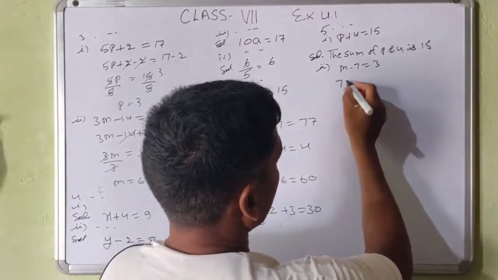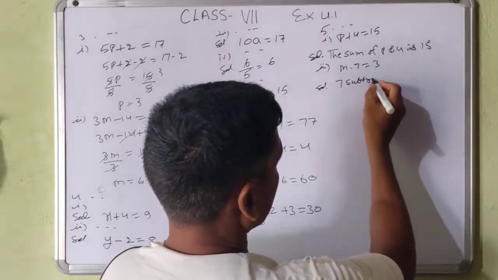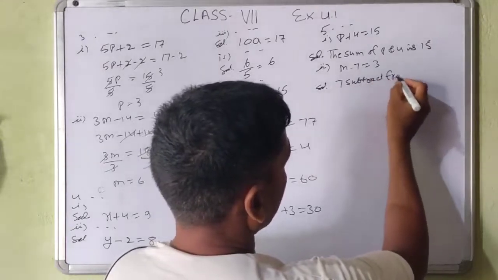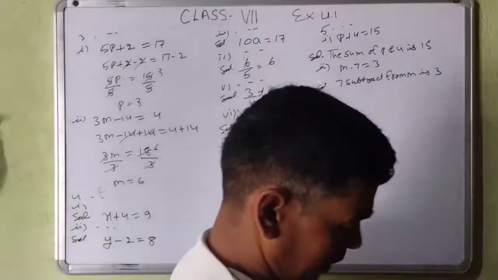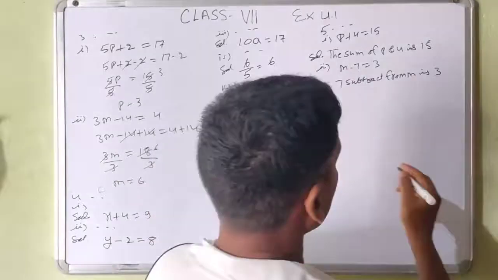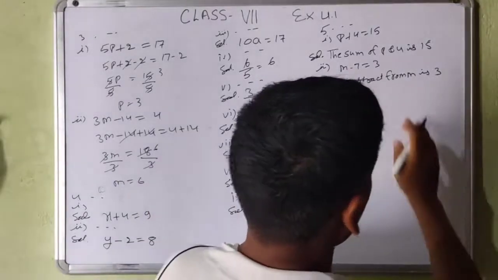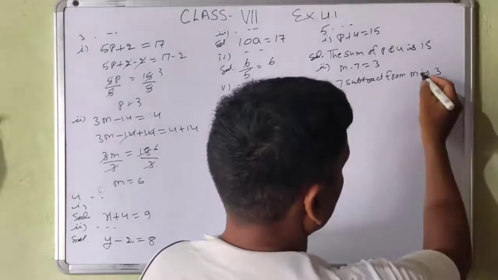So 7 subtracted from M is 3. 7 subtracted from M, that is M, is 3.